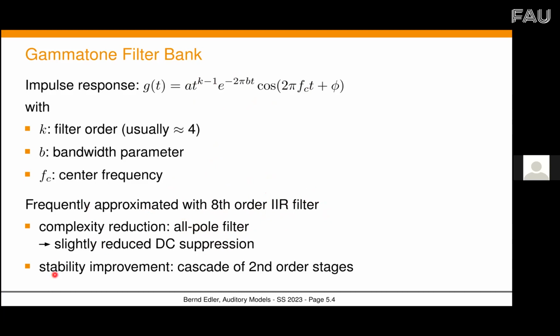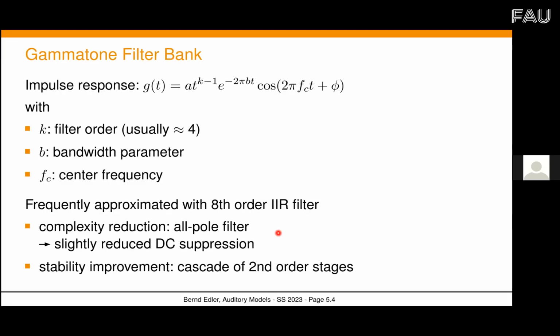Then some people don't use IIR filters, in this case they could have 8 poles and 8 zeros. It's a full-blown 8th order IIR filter.